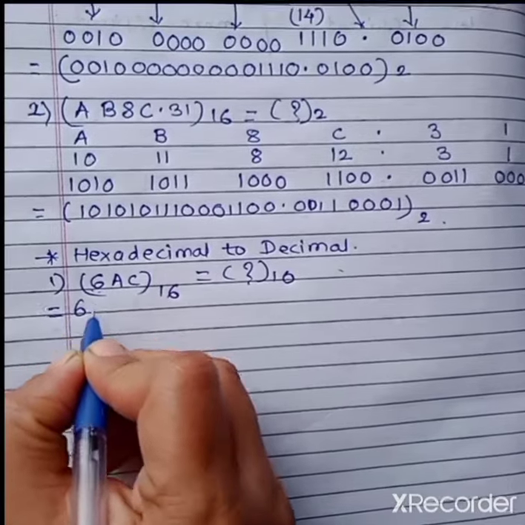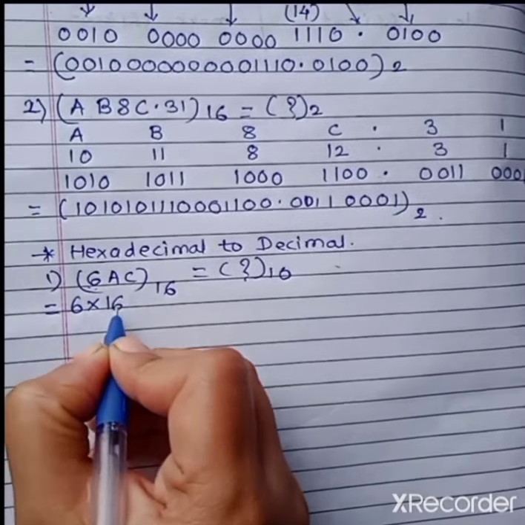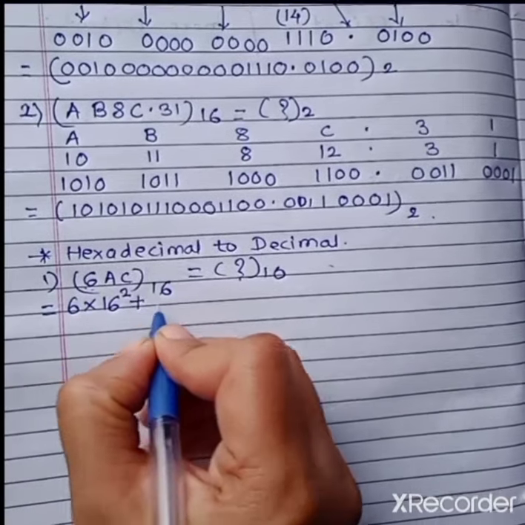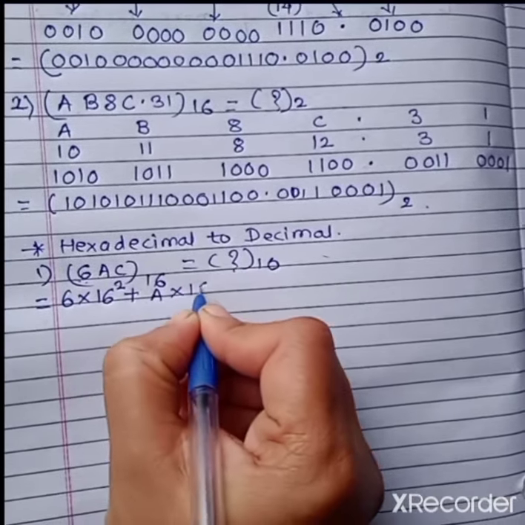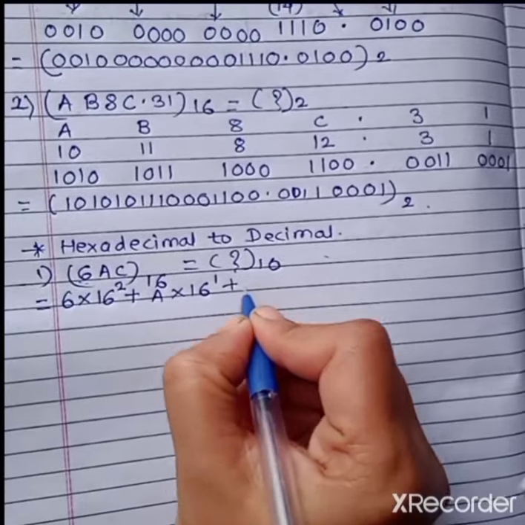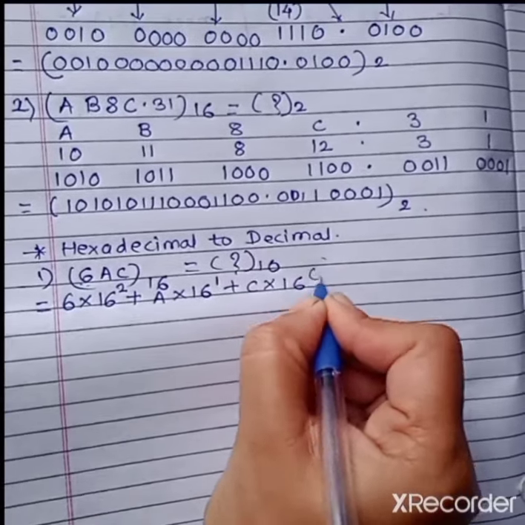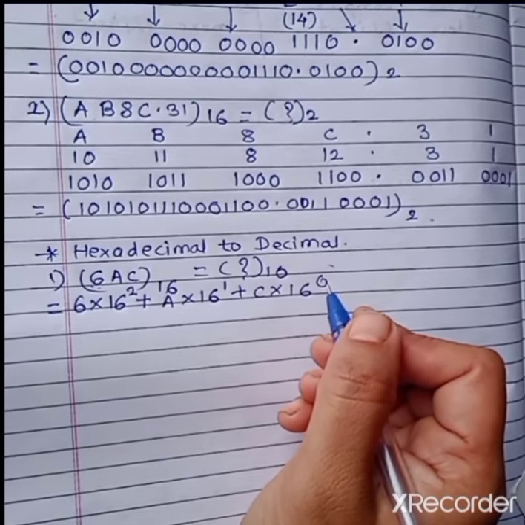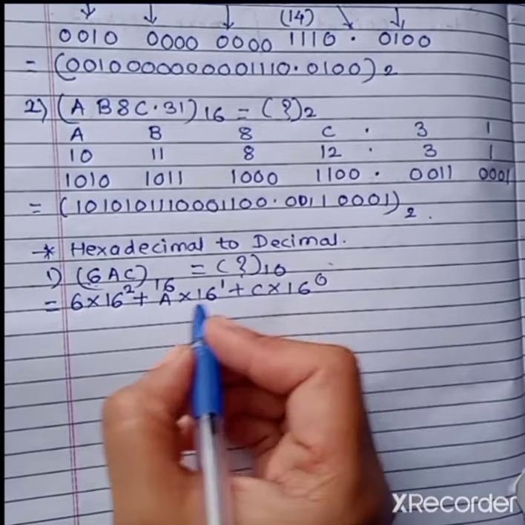So 6 means 6 into 16 raised to 2. It has a weight of 16 raised to 2, plus A into 16 raised to 1, plus C into 16 raised to 0. How to give the weightages we have seen in the previous lecture.